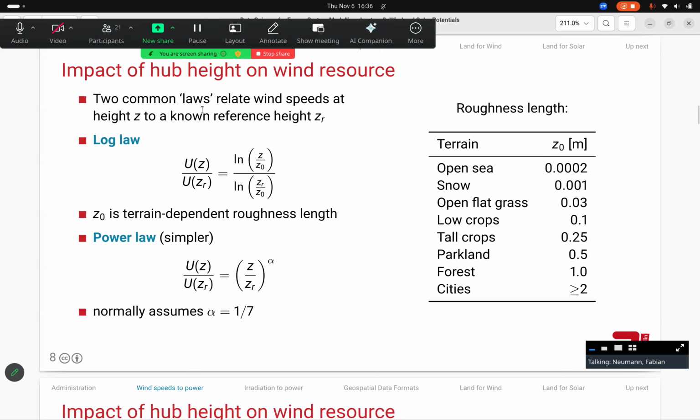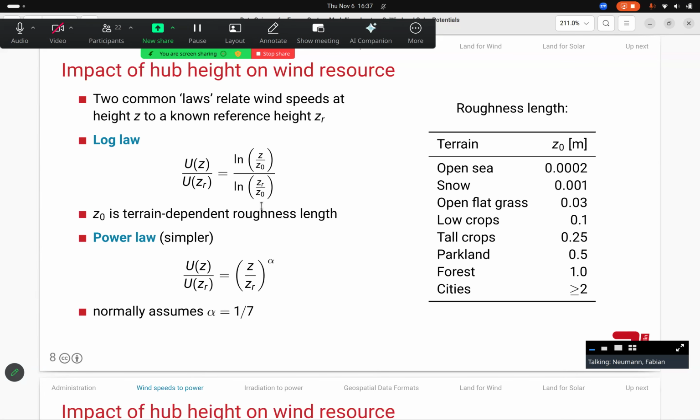Then with the so-called log law, that's option 1, we can relate the wind speeds, given in U. So the wind speed at the hub height is related to the wind speed at the reference height by the relation between the logarithm of z divided by some z0 and the log of the reference height zr divided by z0. And what is this z0?